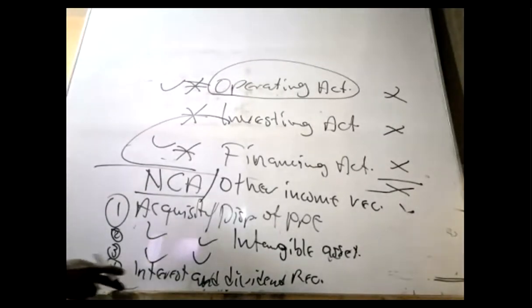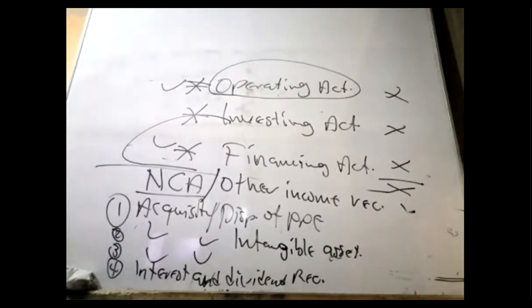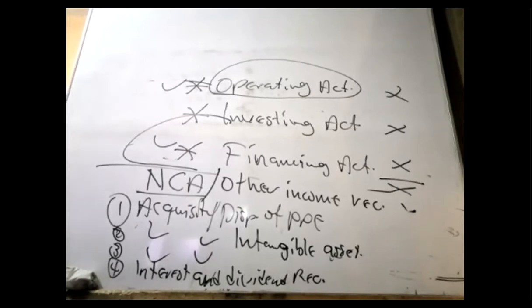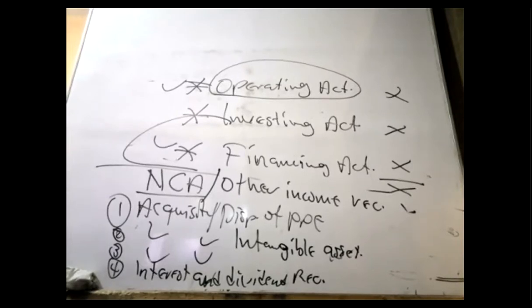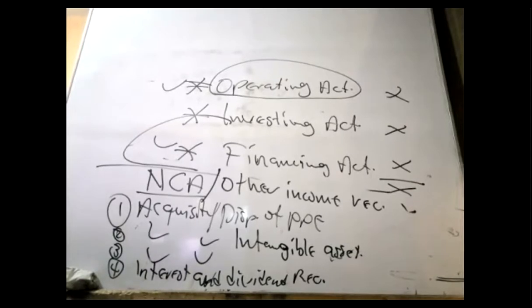Again, grants, government grants received, IAS 20, government grants. The actual money received should be under what? Investment activity. You did not register your business to receive grants from the government, not at all.